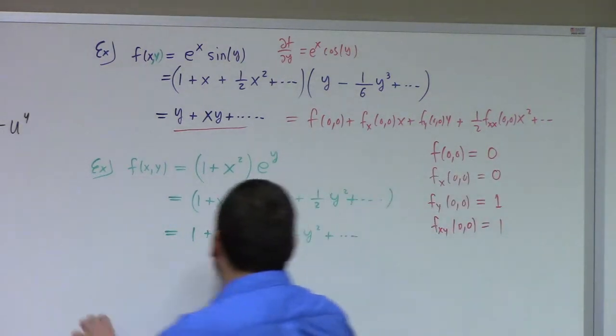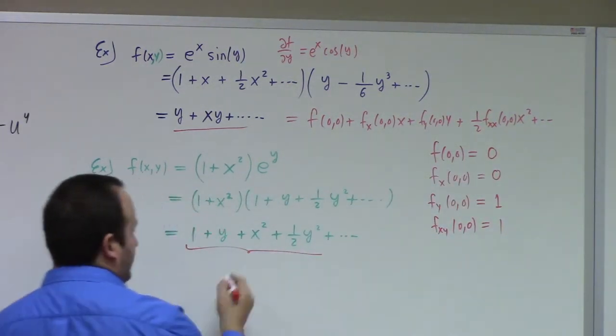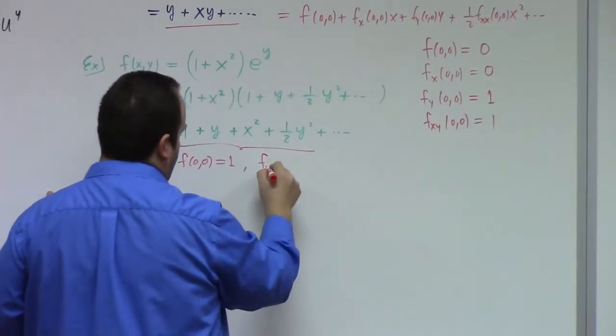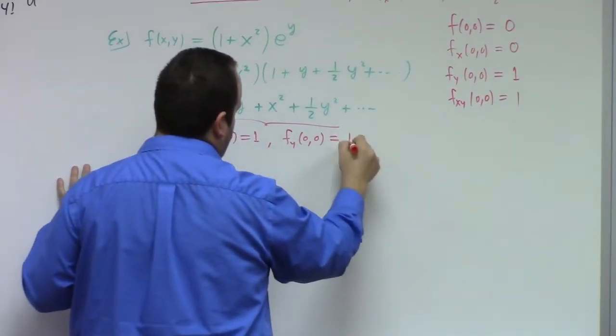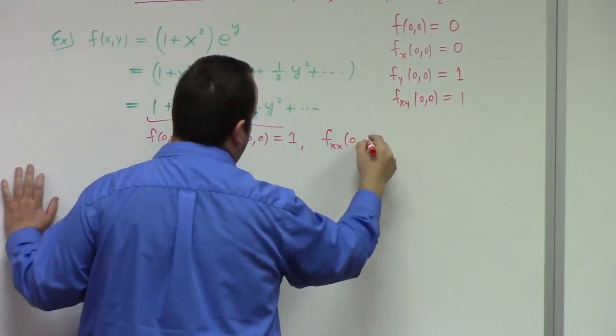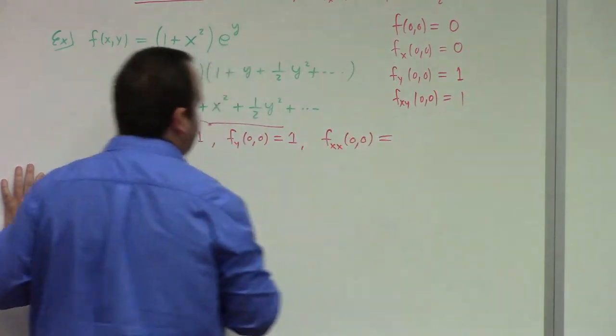Look at this one down here. What does this have? This has f of 0, 0 equal to 1. f_y of 0, 0 equal to what? 1. Now, f_xx equals what?